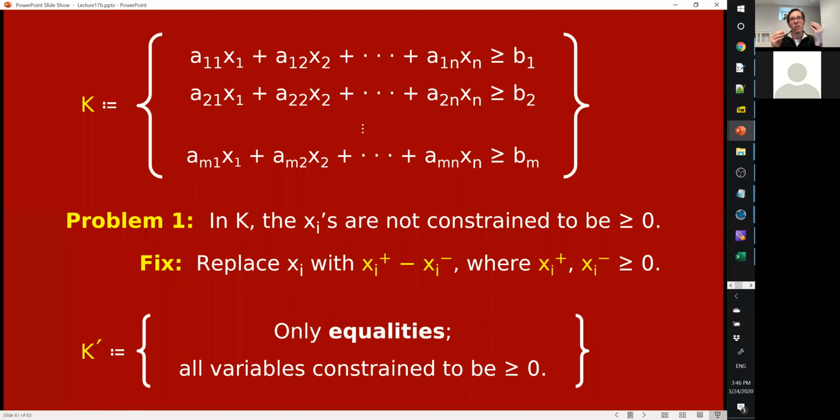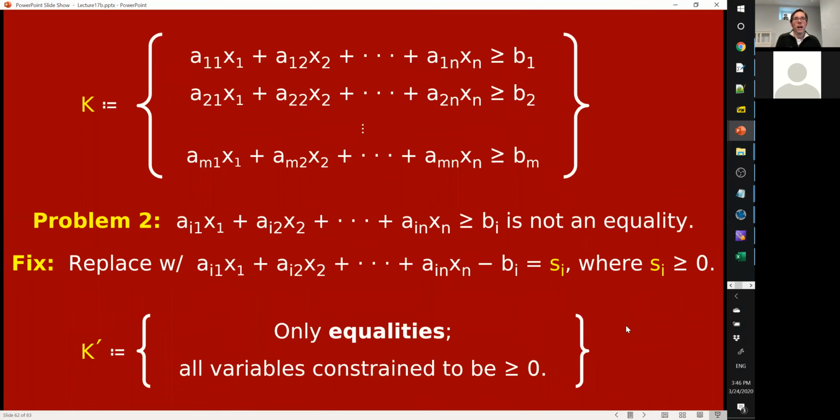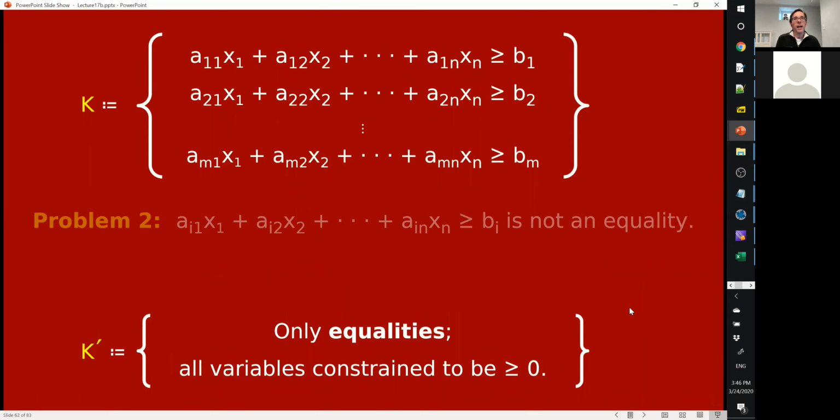Regardless of whether the initial real number is positive or negative or zero, you can always write it as the difference of two non-negative numbers. And conversely, the difference of two non-negative numbers has no particular constraint on its sign. So this is a valid move.